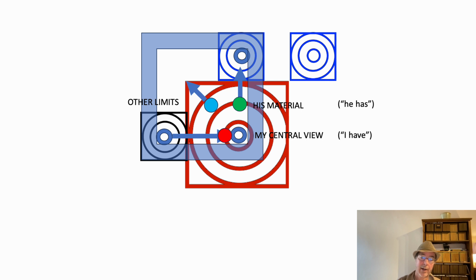You can see the material from our own central view, where you can say, I have this, and some other parts, okay, I might have this as well, but what we are sure about is he has it. Now, this is the material, he has it, or it belongs to him.